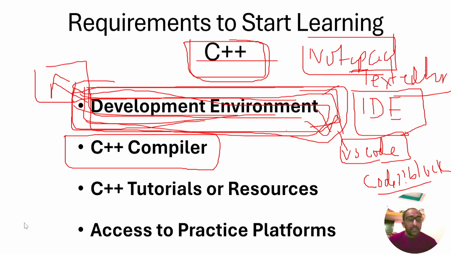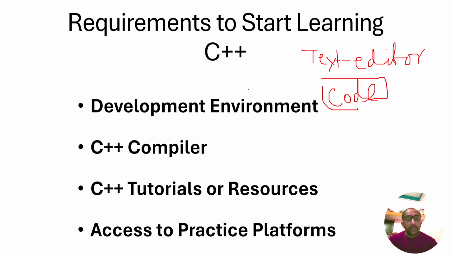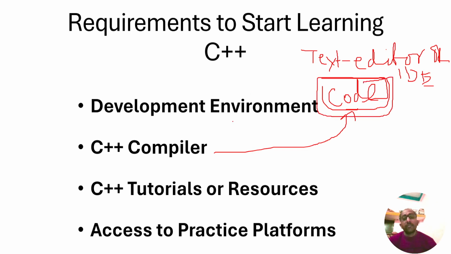When you write your code in a text editor or IDE, then our compiler converts our code into a machine readable or machine understandable format, that is called 0s and 1s.